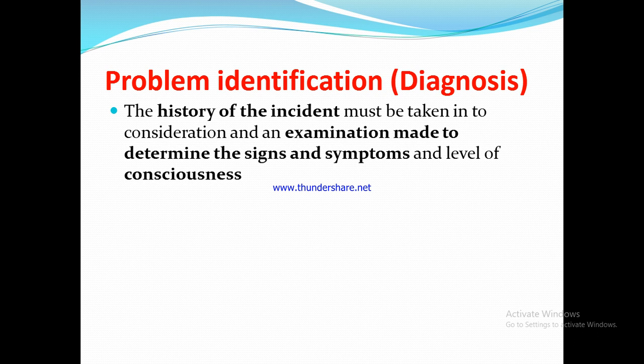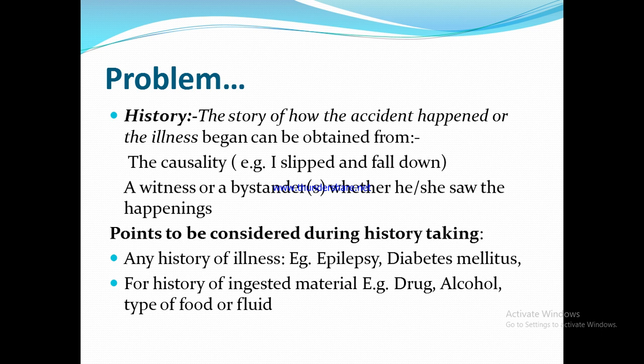In problem identification or diagnosing, the initial part is asking about the history of the accident or the incident. From the history you can learn which part of the body is to be examined, what attention is needed and to which part, and understand the condition of the casualty in more detail. So you have to take the history of the accident or incident.